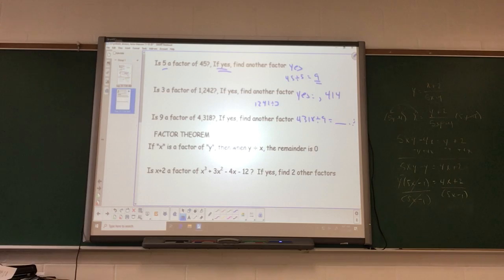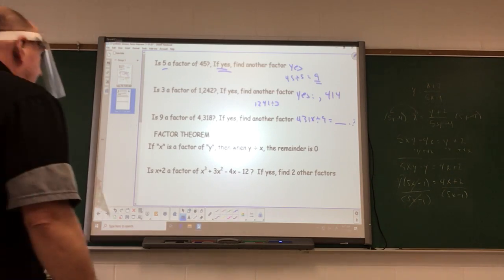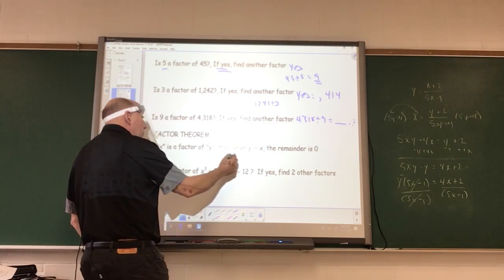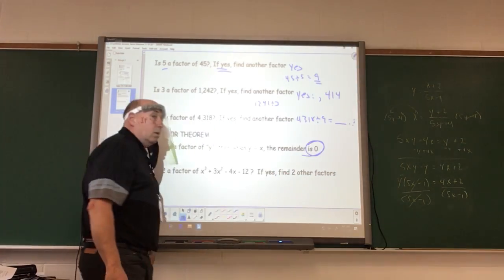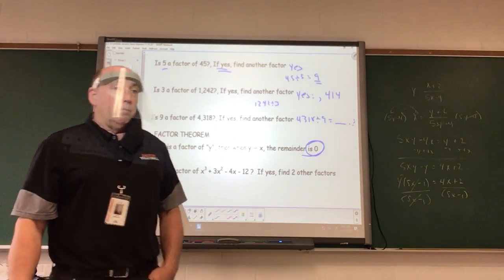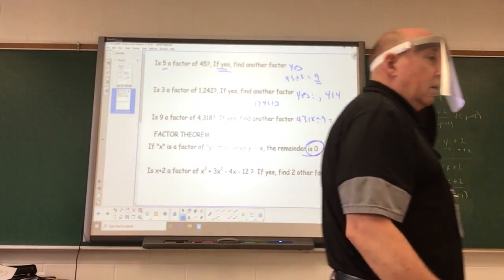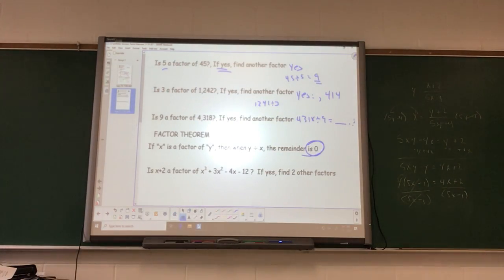Well, if x is a factor of y, then when y is divided by x, the remainder is 0. It's called the remainder theorem. Something is a factor if you divide it out and your remainder comes down to 0. That's the key idea. My remainder is 0. If my remainder is not 0, then it's not going to be a factor.